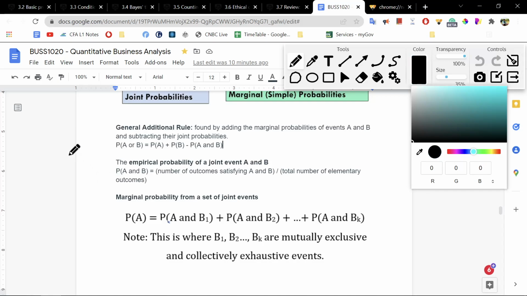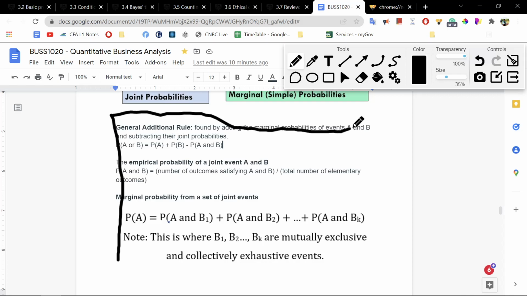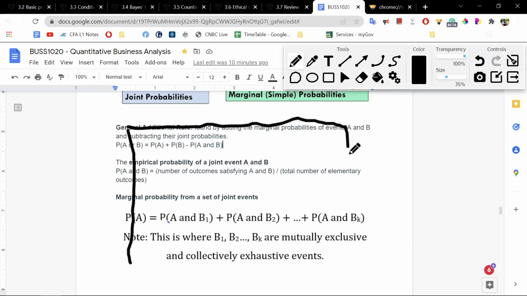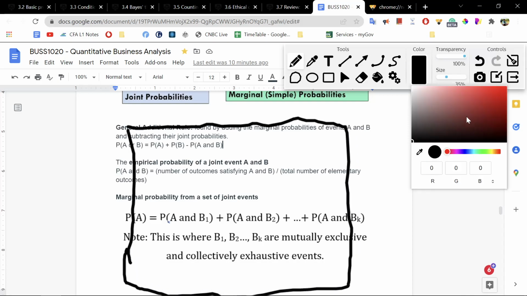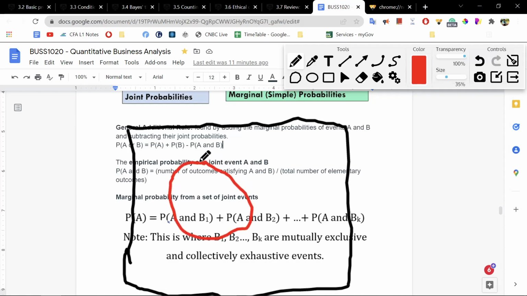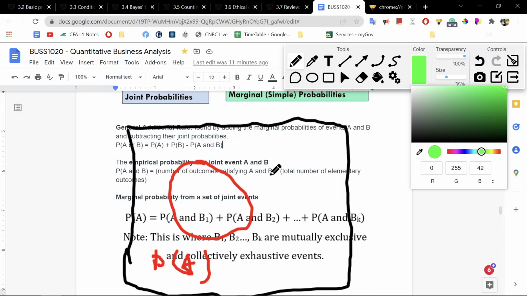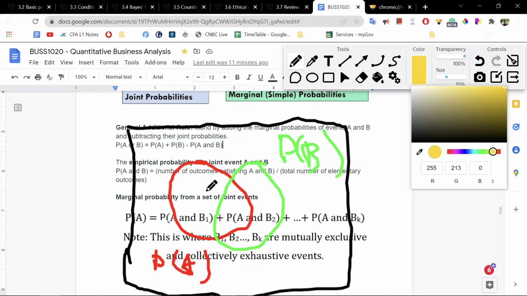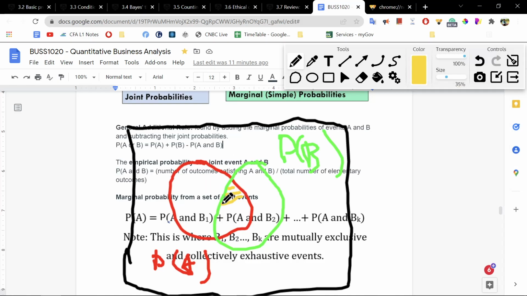So first of all, let's draw this sample space again. That is one ugly sample space. We have the red circle, which would be the probability of A. Then we have the green circle, which is the probability of B. Between the red and the green, we have a yellow area where both A and B occur.